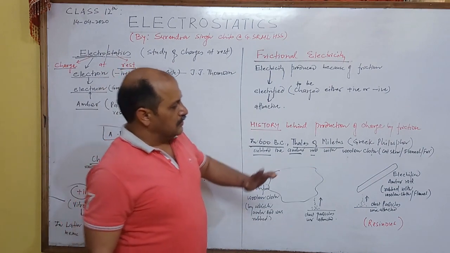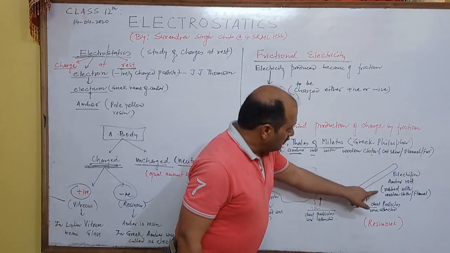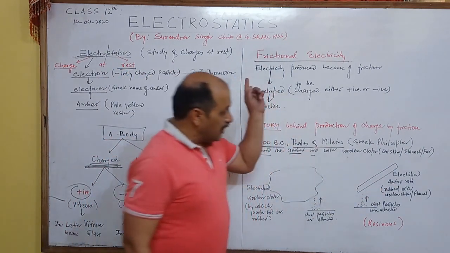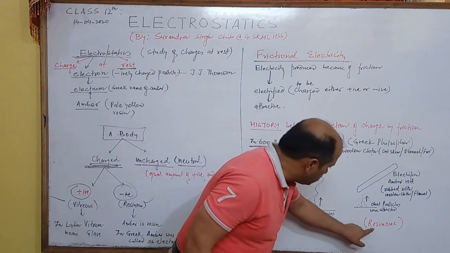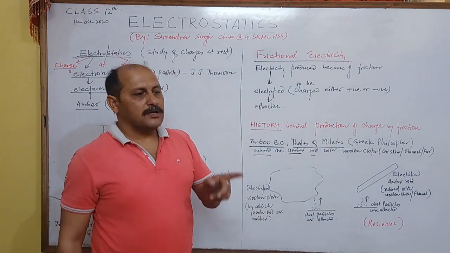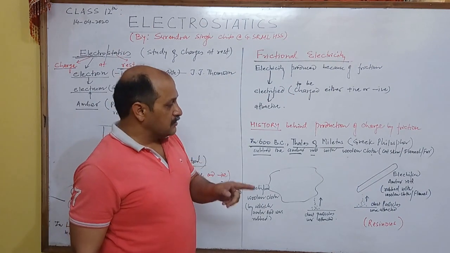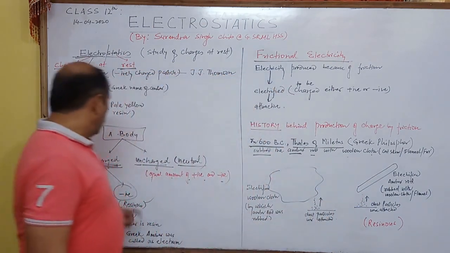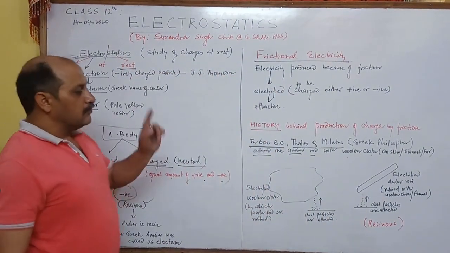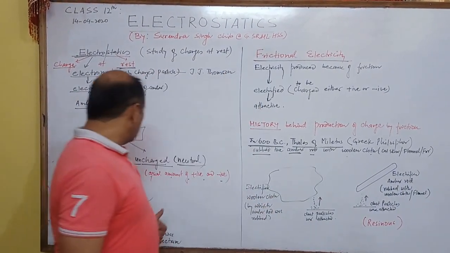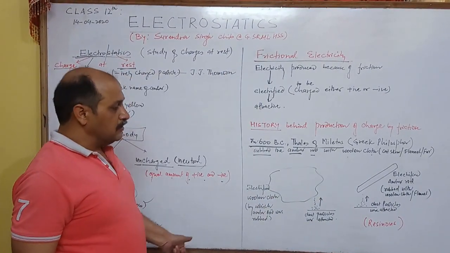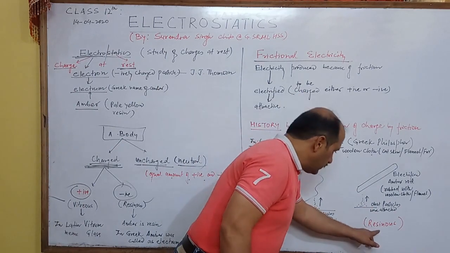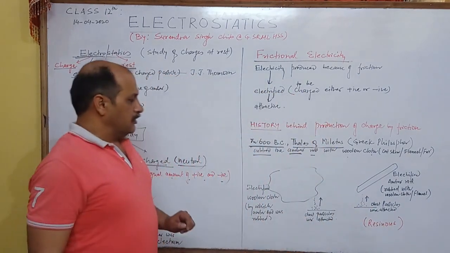But the attractive property attained by the amber at that time was called resinous. Why is it called resinous? Because in Greek, amber was a resin, and that's why it is called resinous.